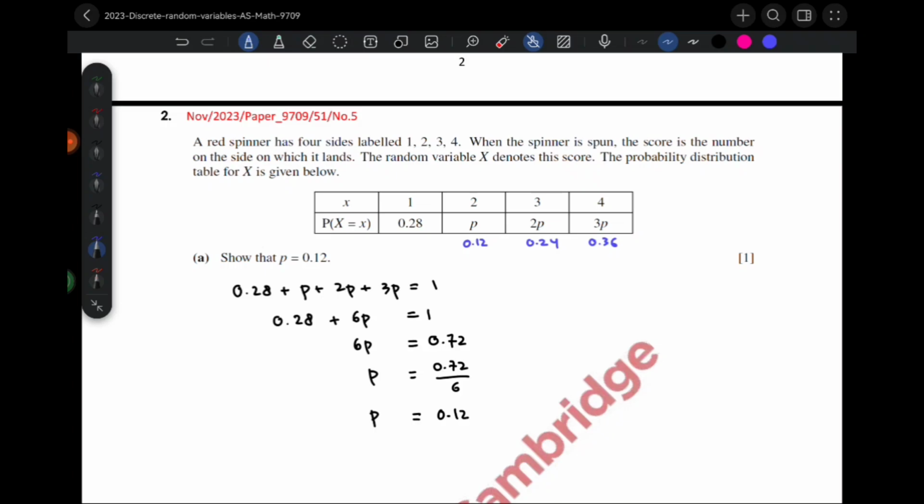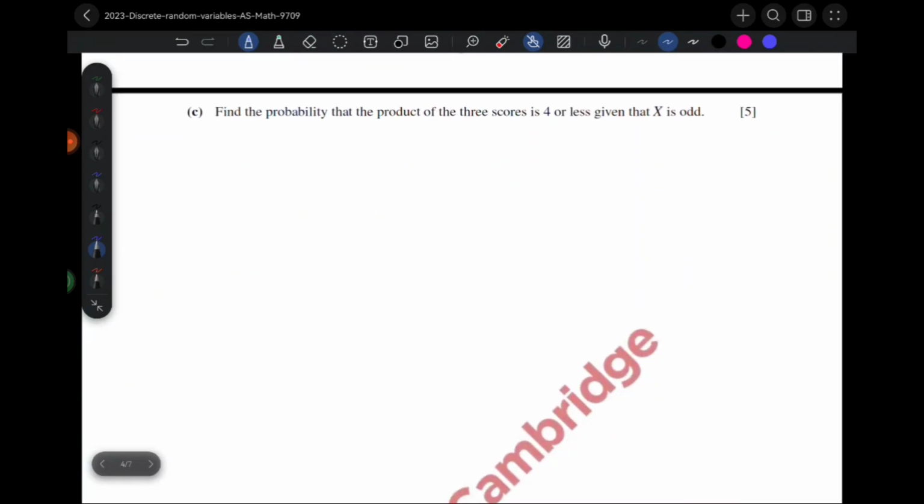Okay, this is the conditional probability. So this is our first event. Let's say this is A and this is B. So the question is probability of A given B, which is probability of A intersect B divided by probability of B.